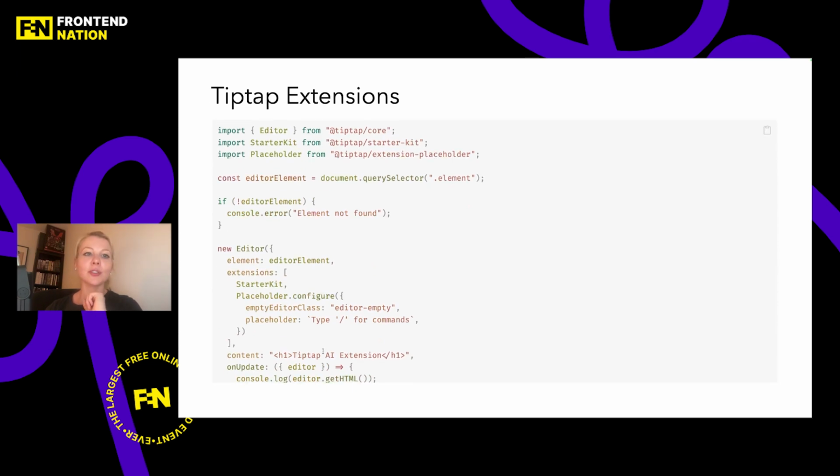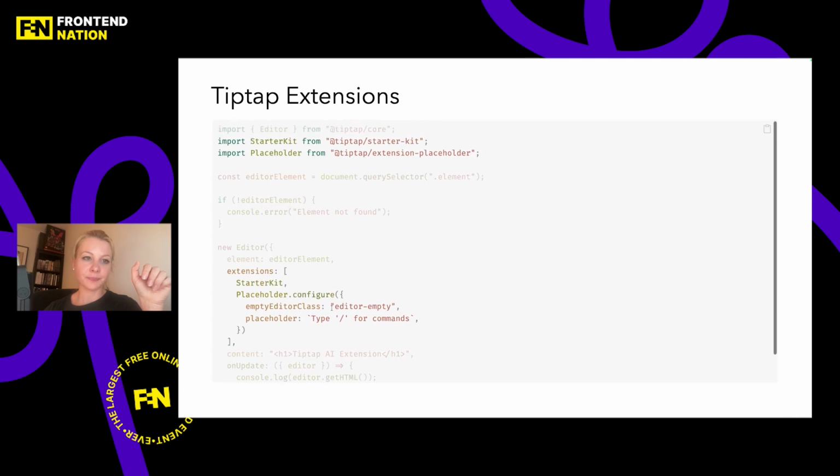But now we want to create the Tiptap extensions. So the first party extension, we want to use more than just the starter kit. For example, here I'm importing the starter kit and also now the placeholder. And I can configure the extension. Actually all of the extensions you can always call .configure on and add some parameters to it.